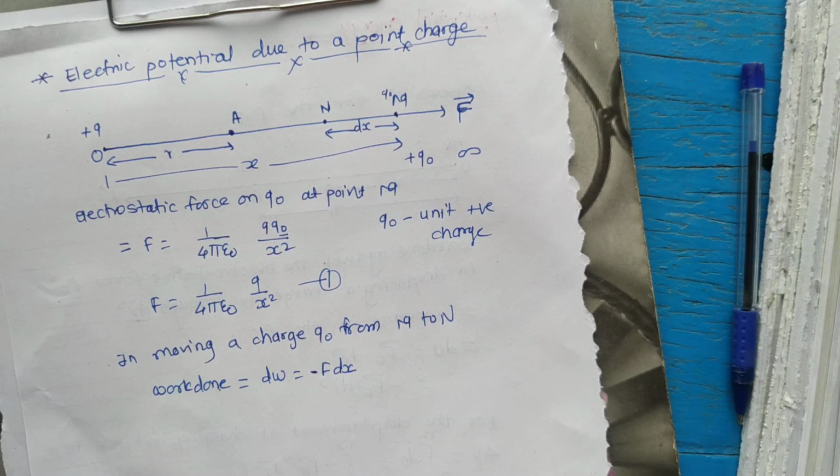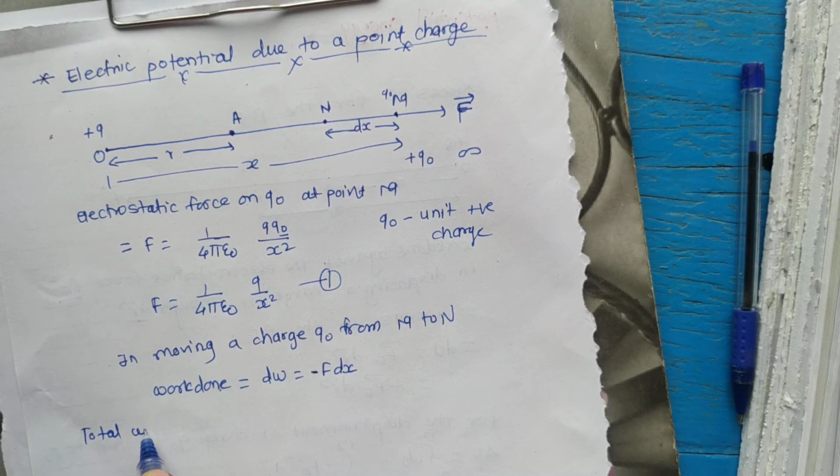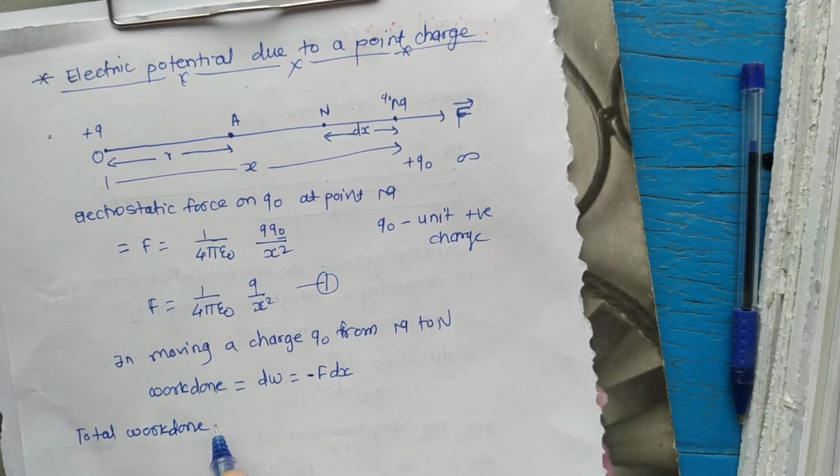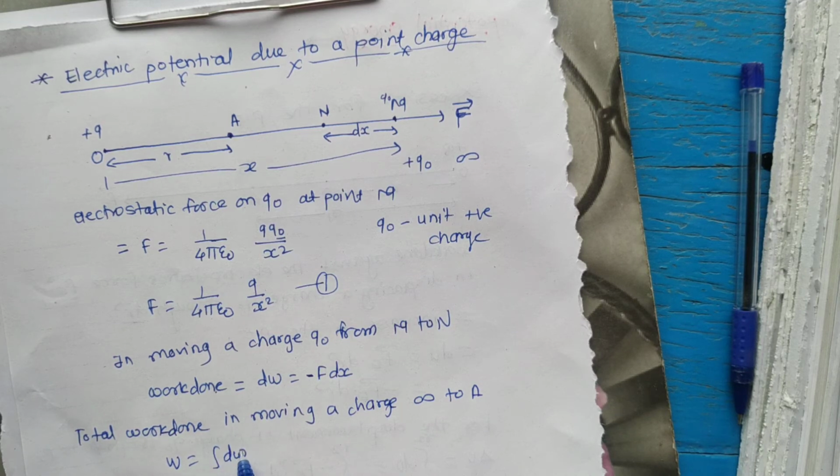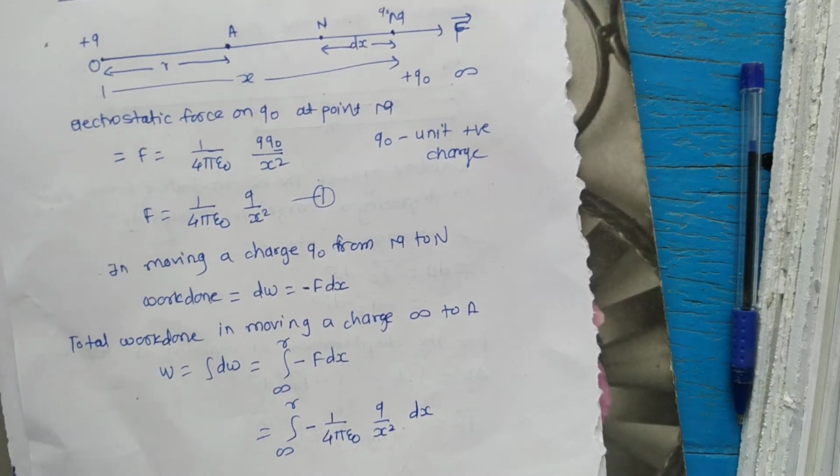From this we can calculate the total work done in moving a charge from infinity to the point A. Total work done in moving a charge from infinity to point A is W is equal to the integration of dW, integration limit infinity to R of minus F dx, with the force value from equation 1: minus 1 upon 4 pi epsilon naught q divided by x square into dx.